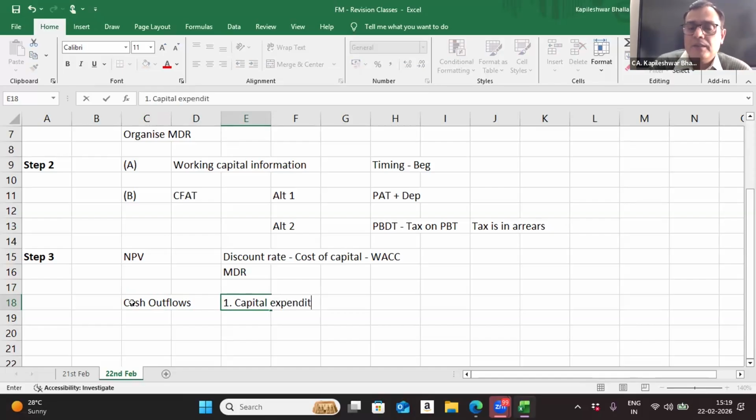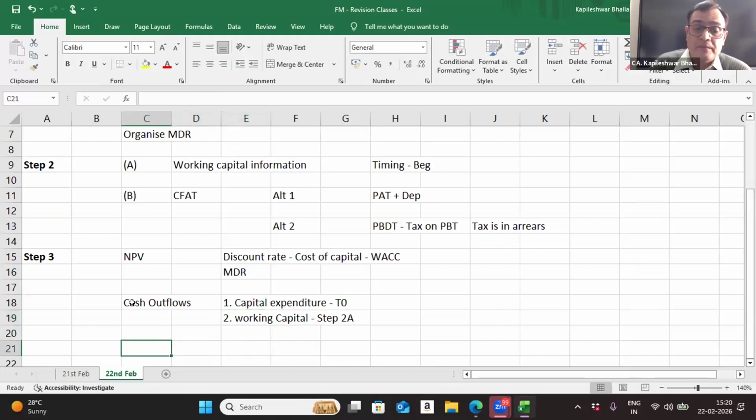Or you can call it the capital investment. And this will be at time zero unless mentioned otherwise. And the second is going to be the working capital, which you have already organized in your step number 2A. So this information you're going to get from the step number 2A itself. So go systematic and trust me, there will not be a problem.